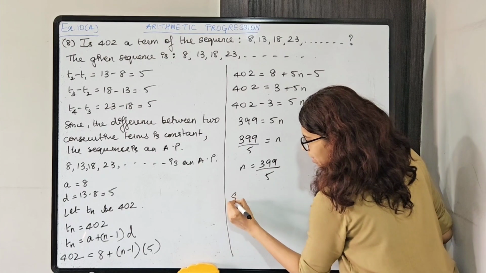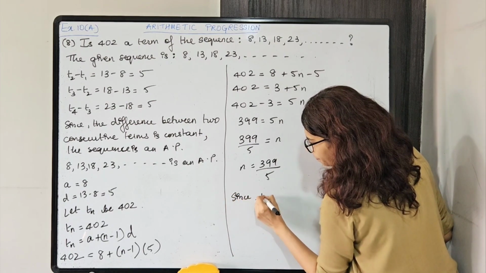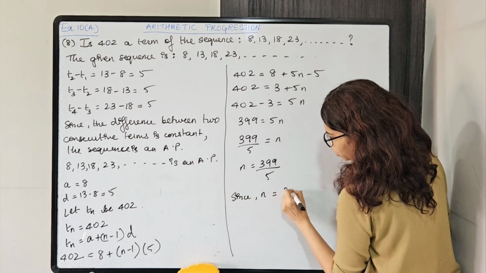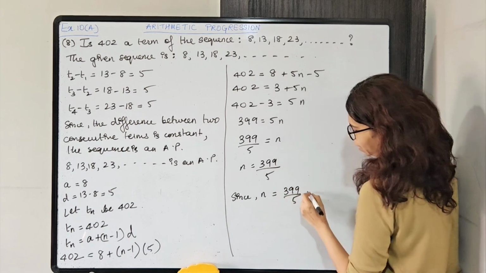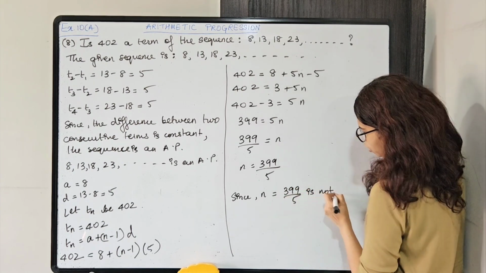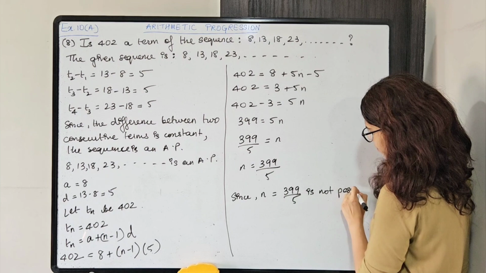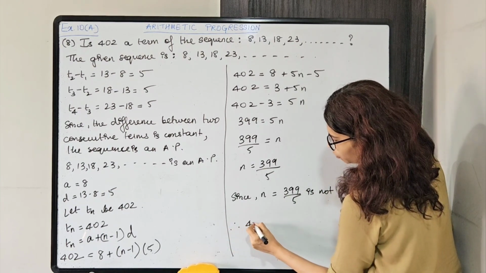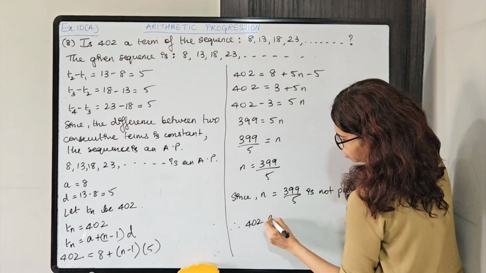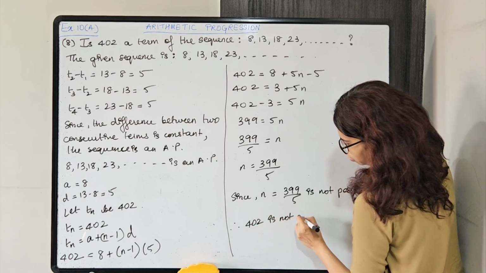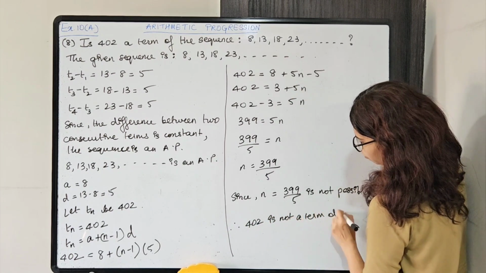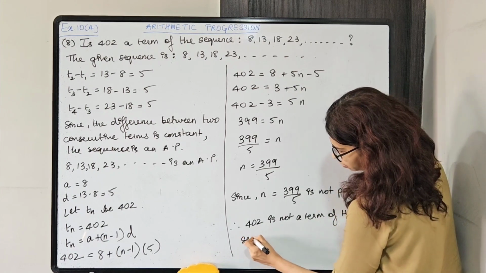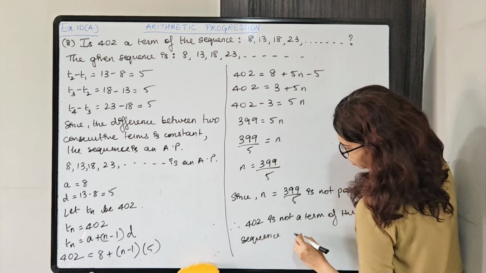So, since n equal to 399 by 5 is not possible, therefore 402 is not a term of the sequence or AP.